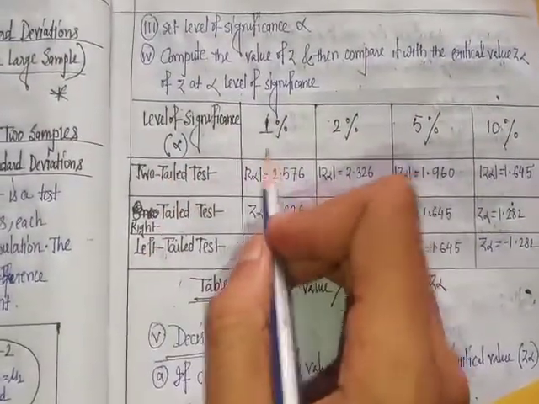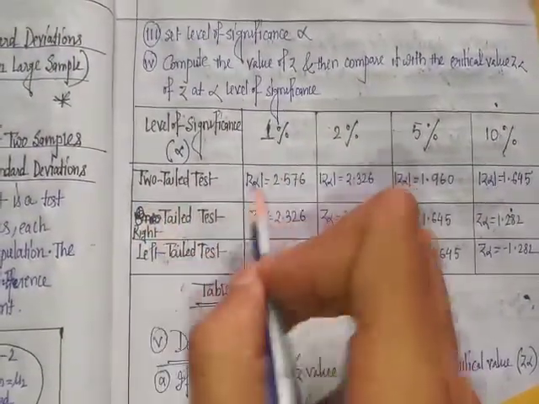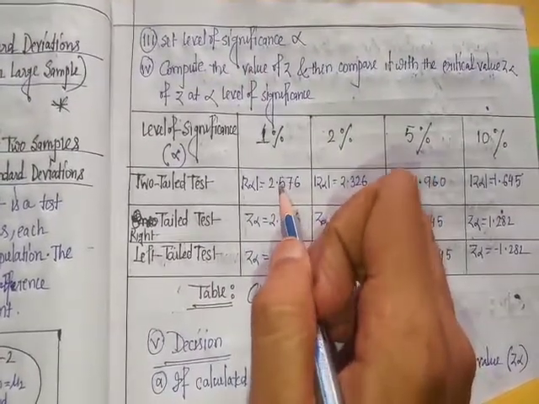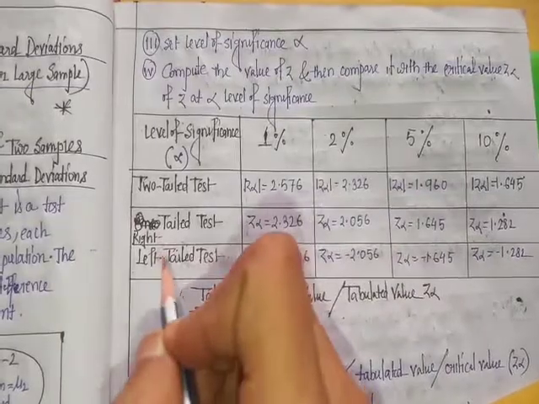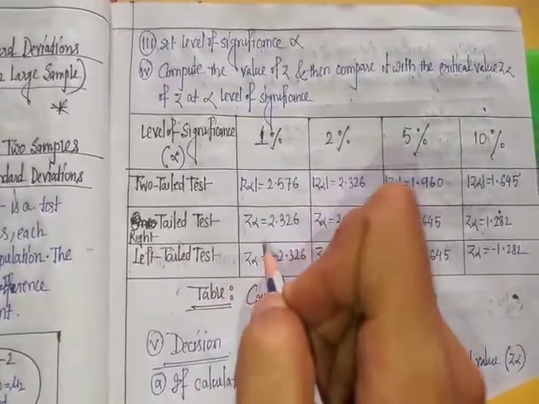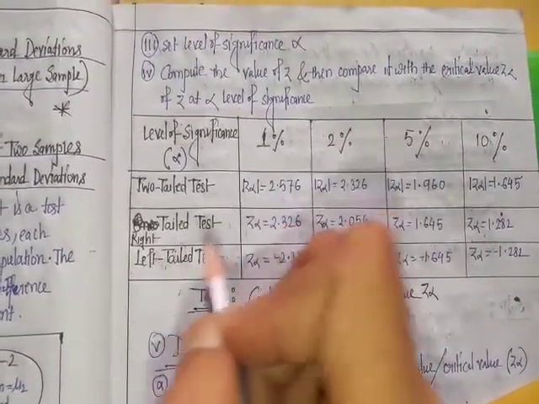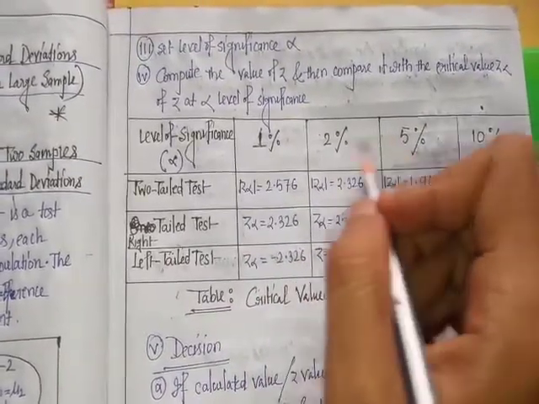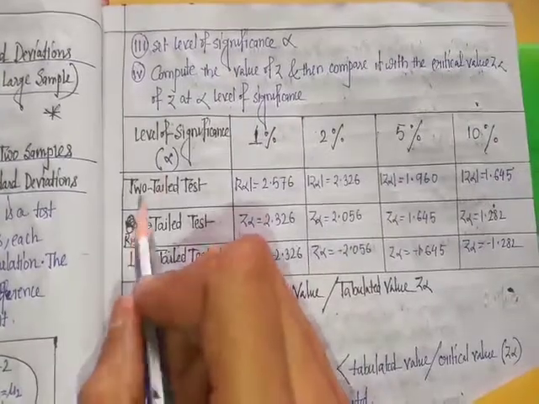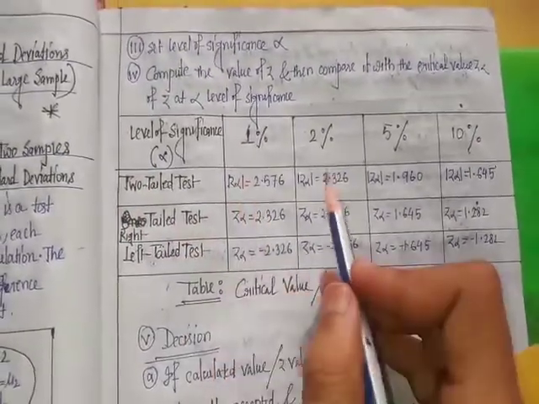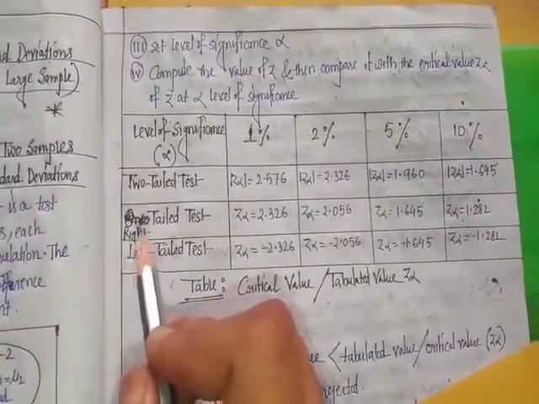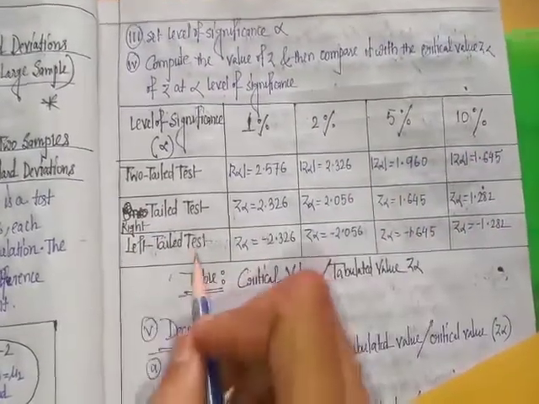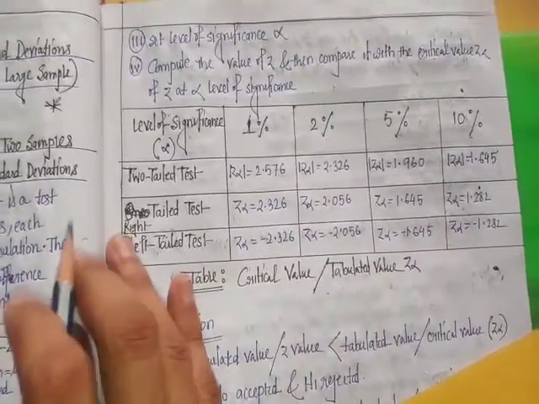For 1% level of significance, the value of z alpha will be 2.576 for two tail test, 2.326 for right tail test, and minus 2.326 for left tail test. For 2% level of significance, z alpha is 2.326 for two tail test, 2.056 for right tail test, and minus 2.056 for left tail test.